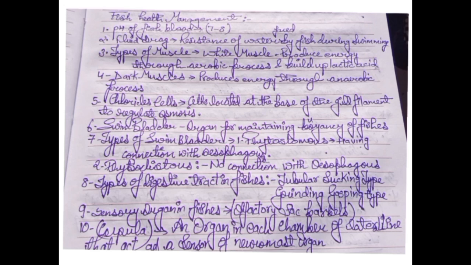Grinding and gasping types generally occur in carnivorous fishes, and the tubular sucking type generally occurs in carps and catfishes.